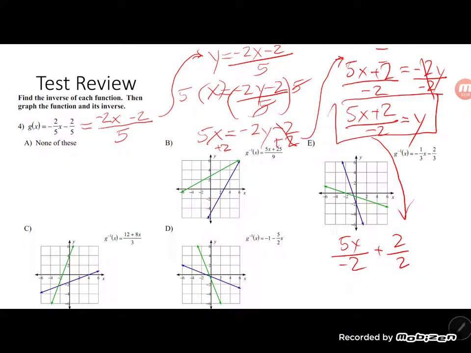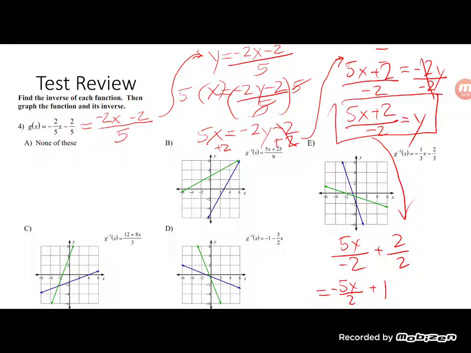I then see that this can be equal to negative 5x over 2, and 2 divided by 2 can then just become 1. And with that said, you can quickly kind of see what's going on.